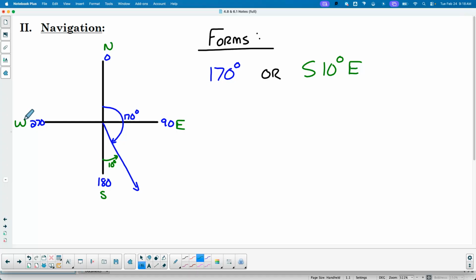So it's the same thing. Now, we're going to have navigation problems with that, and we've been doing this a lot already, but the first thing that we have to do is convert it to a trig angle.